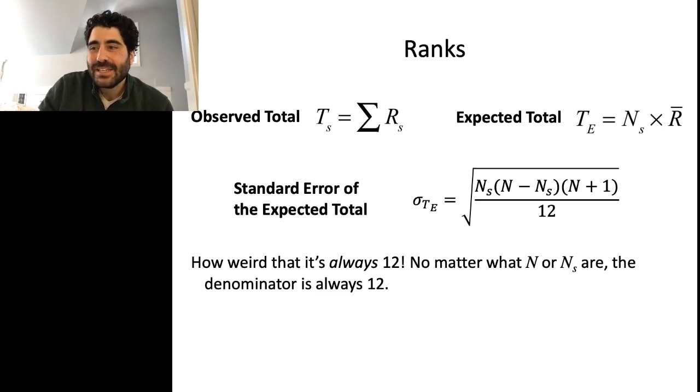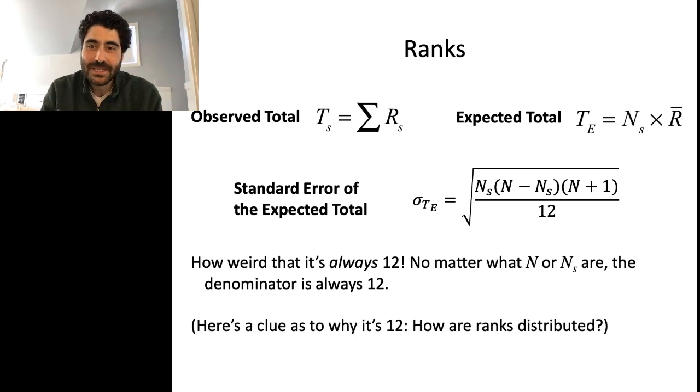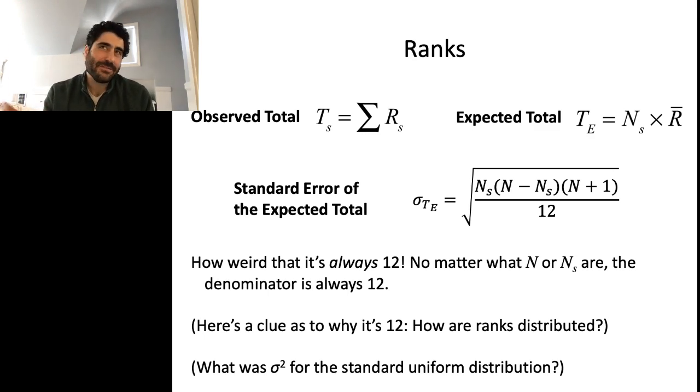One hint about why that 12 shows up is if you think back to the way that the ranks are distributed. Ranks are, by definition, always going to be uniformly distributed, right? And if you flip back a few weeks of slides, the variance for a uniform distribution has this factor of 1 over 12 in it.